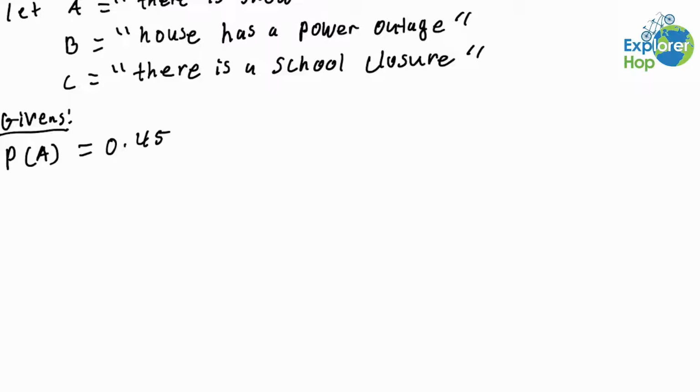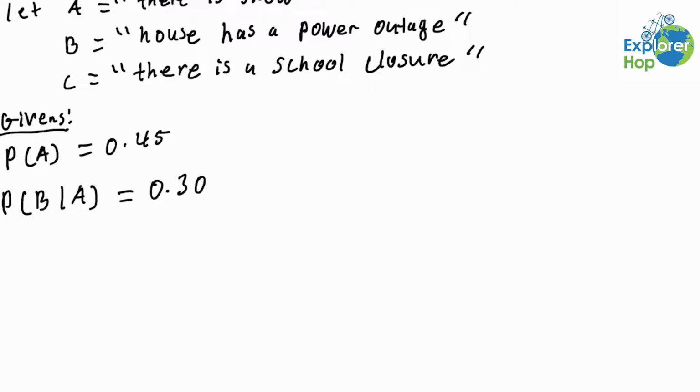We're then told that the probability of a randomly selected house experiencing a power outage is 30% when it snows. So that's the conditional probability of B given A. So the probability of B given A is equal to 30%, so 0.3.